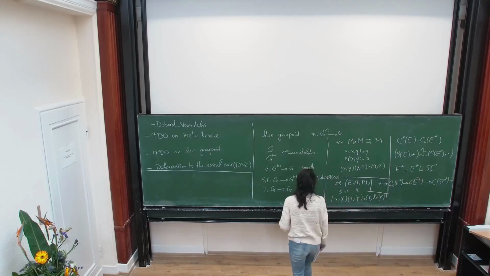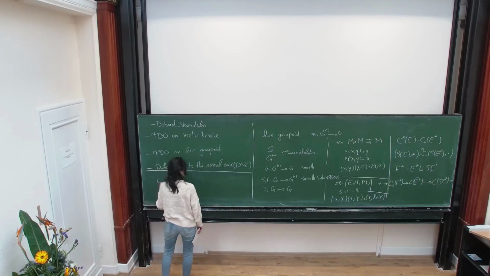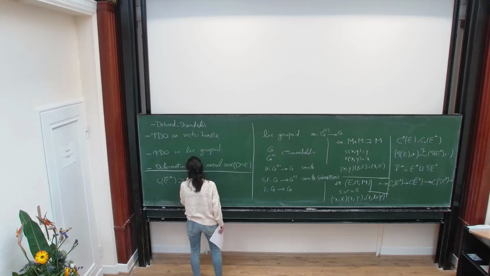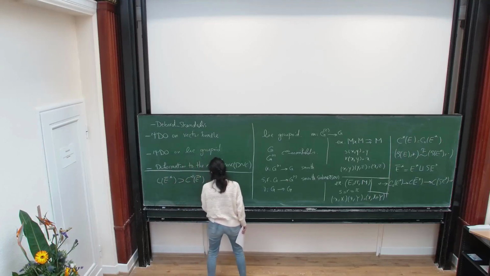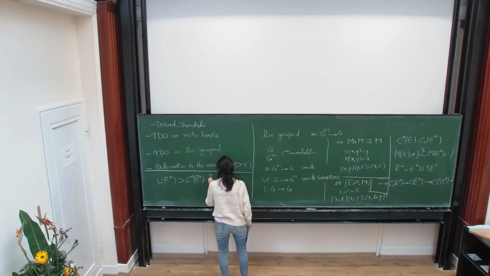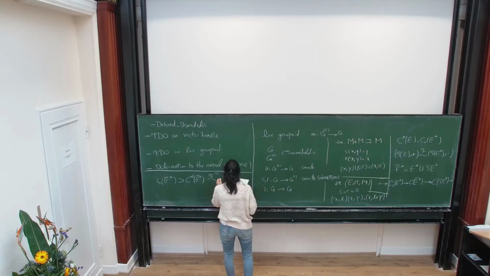So I take the Fourier inverse of these functions, and by Fourier inverse, I obtain the formula of a pseudo-differential operator on a vector bundle.